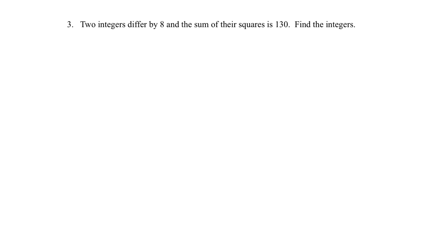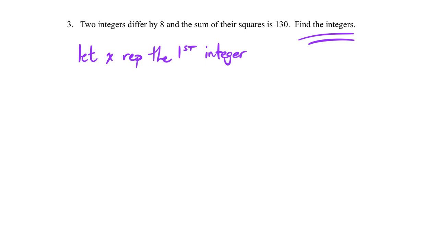Okay, we're back. So you take a look at problem 3. Two integers differ by 8, and the sum of their squares is 130. Find the integers. So if I have to find the integers, then I might as well go through and say I'm going to let x represent the first integer. And if I allow x to represent the first integer, and I see that they differ by 8, then I have one of two choices for the other integer.